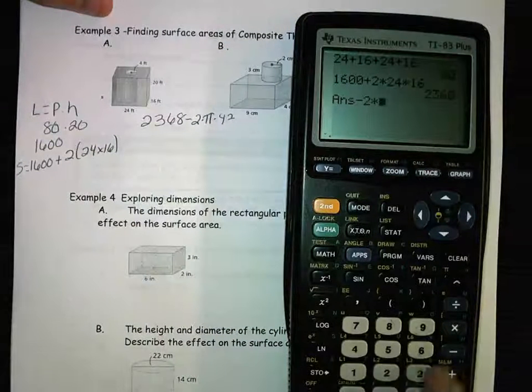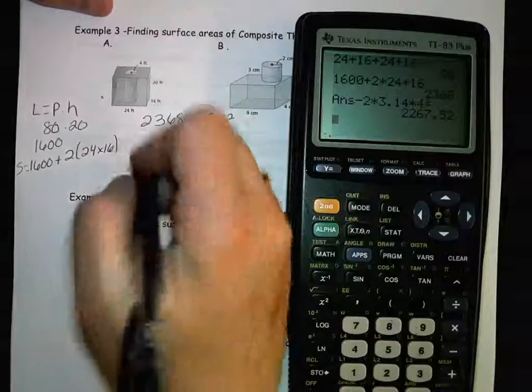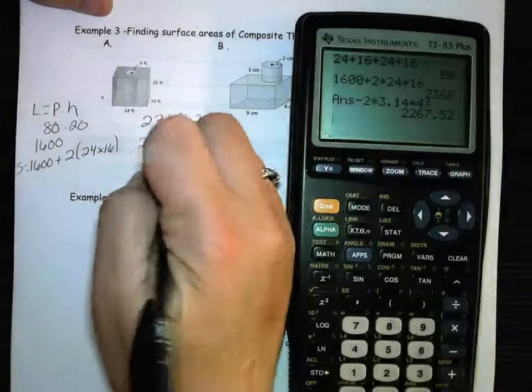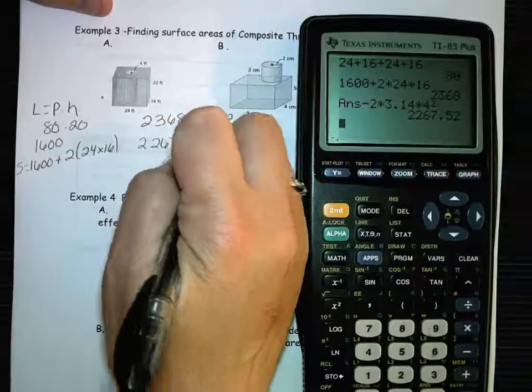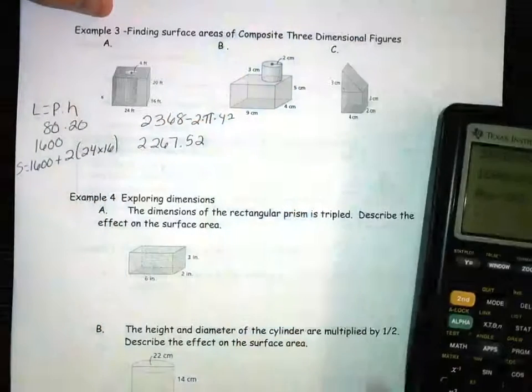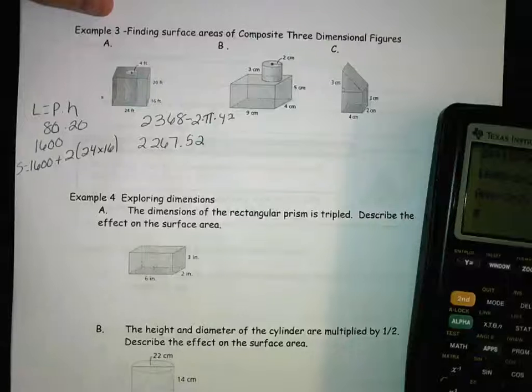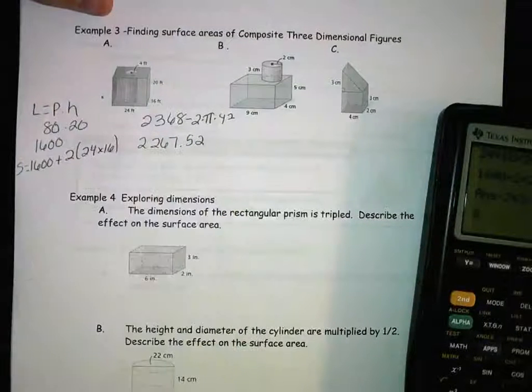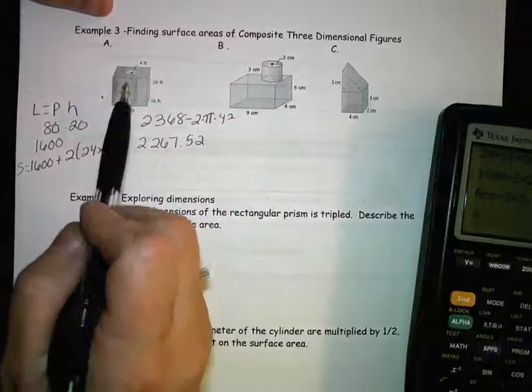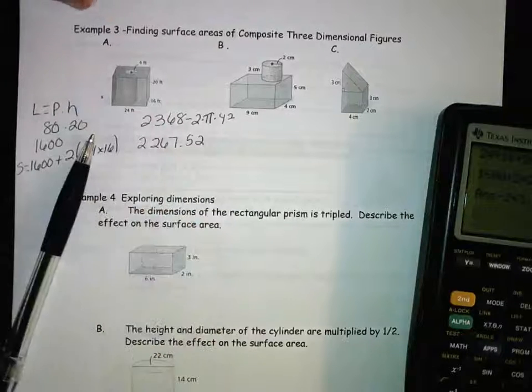So 2 times pi times 4 squared. And now we are at 2,267.52.